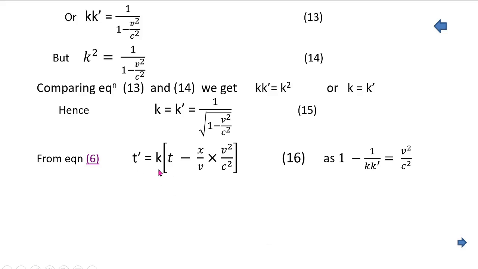Then t dash is equal to k into t minus x v upon c square, and 1 minus 1 upon k dash is equal to v square upon c square. Now substituting the value of k in equation 5 and 16.